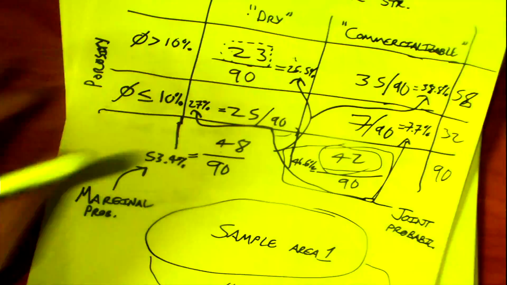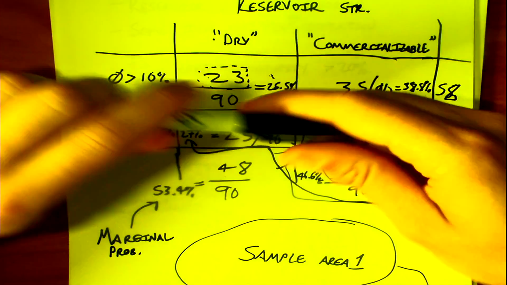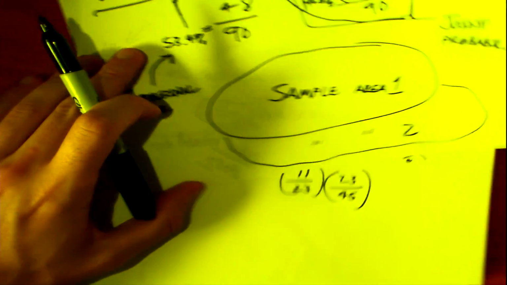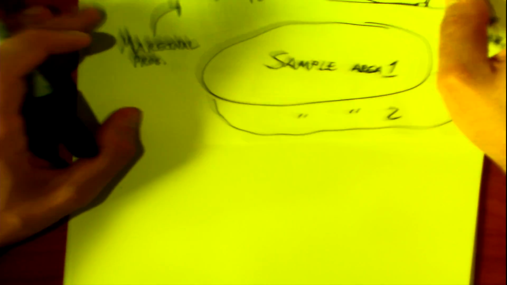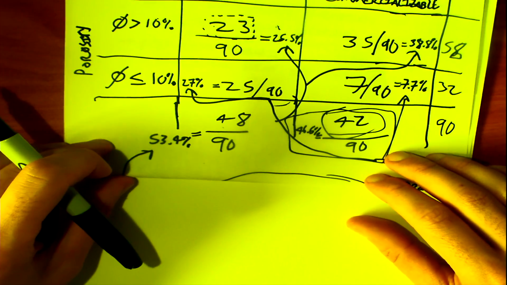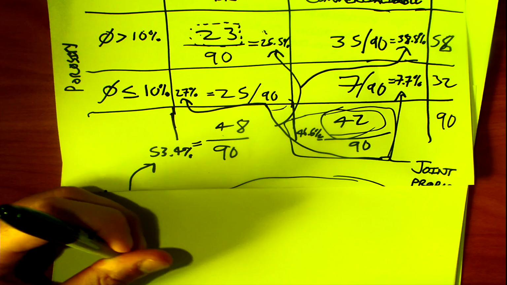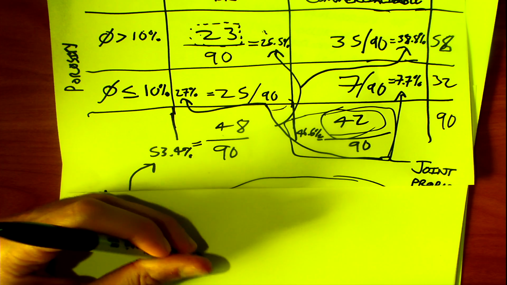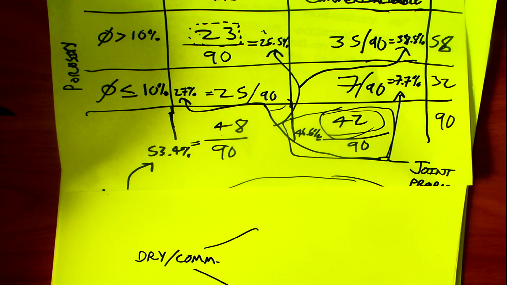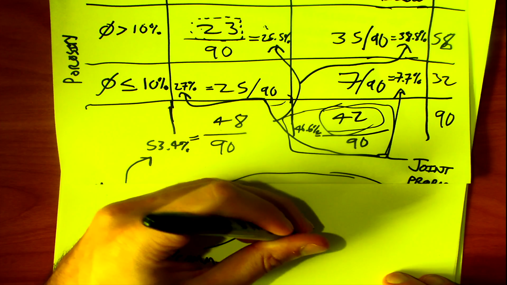If we decide to take this data, we want to just say, okay, I want to look at whether I have a well that's dry or commercializable, and I want to know something about the porosity in each case.